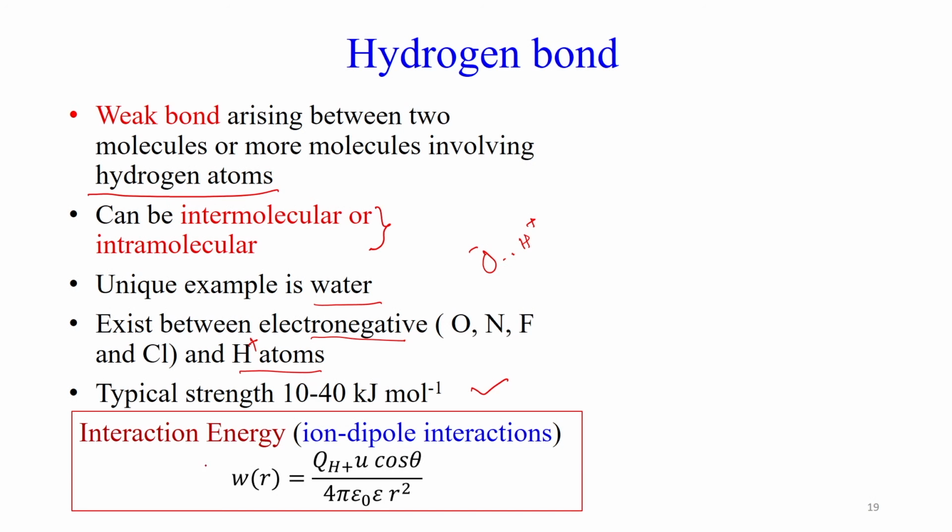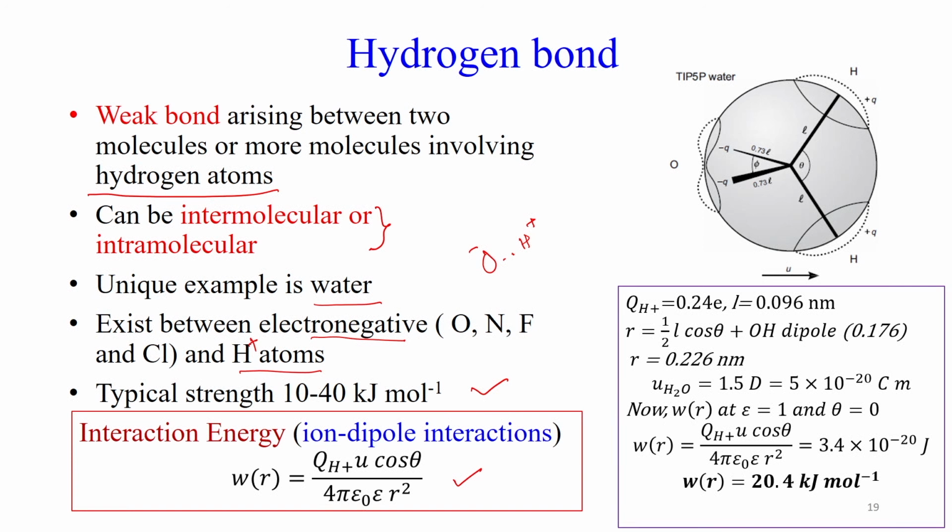The interaction energy is calculated in a similar way: charge on the hydrogen times dipole moment times cos theta, upon 4 pi epsilon naught epsilon R squared. This is a very similar interaction potential to what we discussed for the ion-dipole interactions.